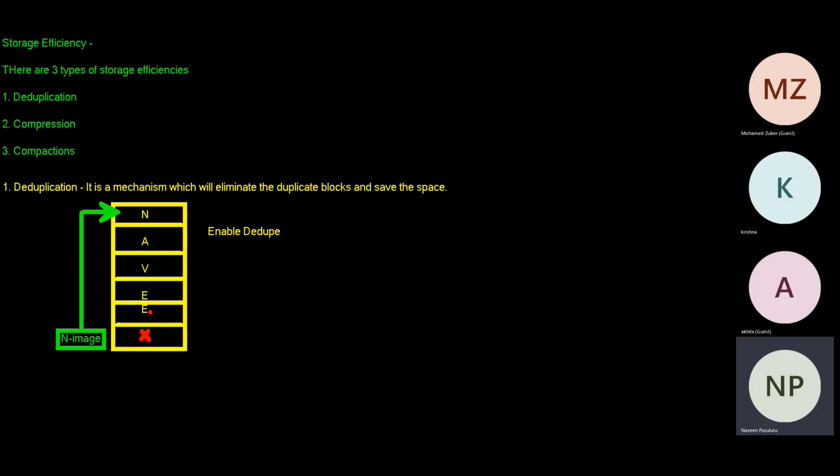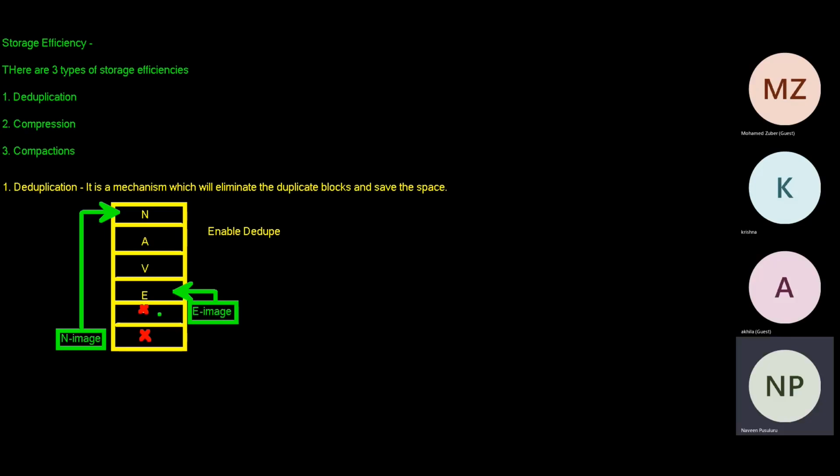The same way, we have E also duplicate, right? So the same thing happens again. It will keep one E and create an E image with a pointer towards the original E block.